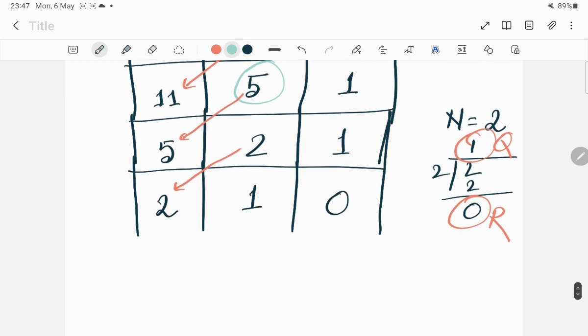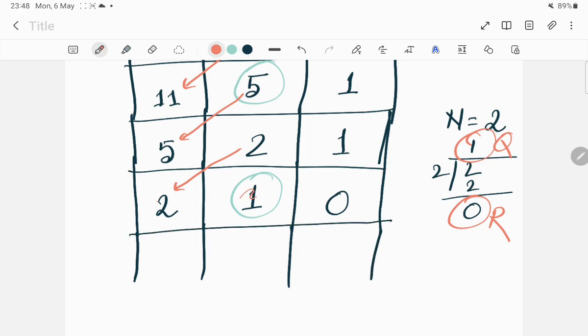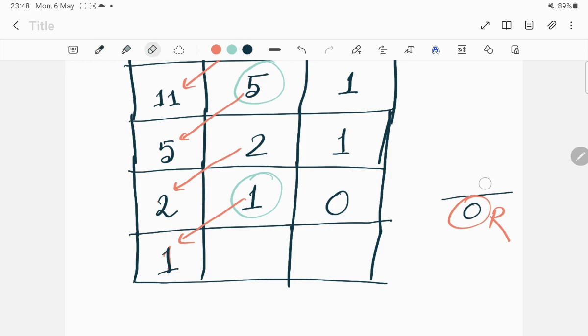Now again you can see that this hasn't yet become 0. So we can't stop here. We need to do it further. So how will we do it? Again I will bring it here. So now we have 1. Okay. And this time again our n has changed. Now n is equal to 1.